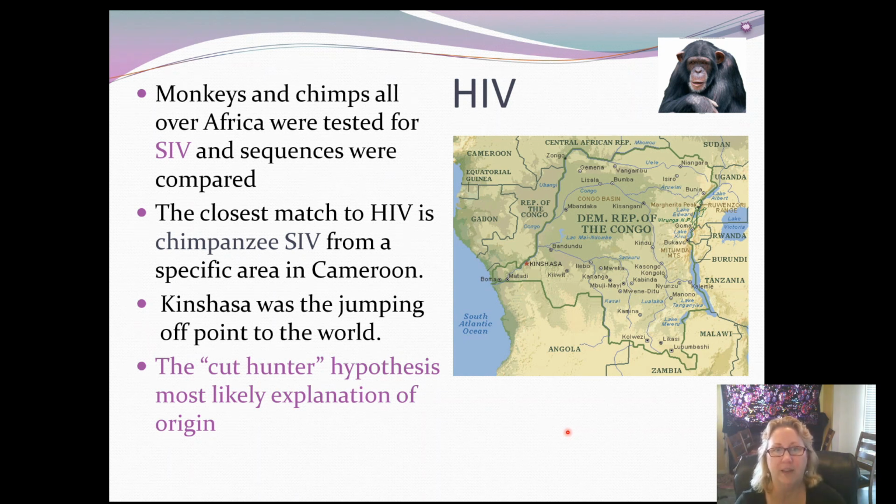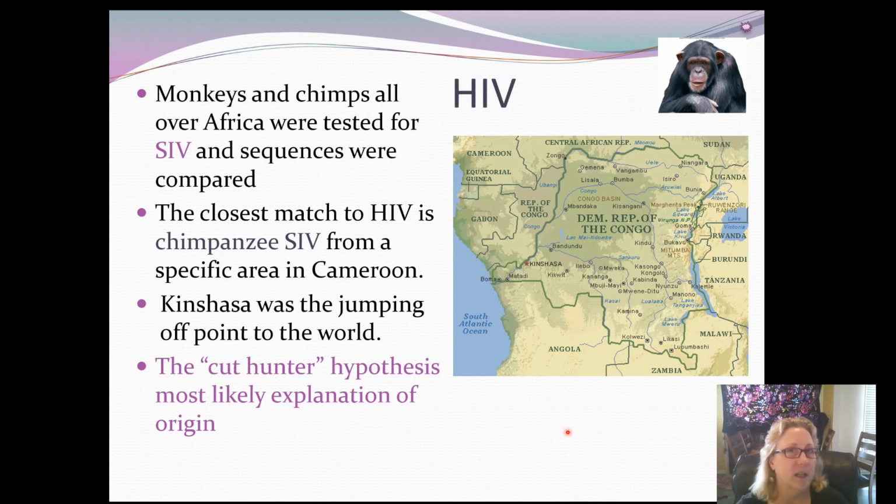So how did that first person get it? The current hypothesis is what we call the cut hunter hypothesis. Because this has to be blood-to-blood transmission, somebody who was butchering a chimpanzee for meat, which happens all over the place in Africa. Chimpanzees and many other species of primates are butchered for meat.